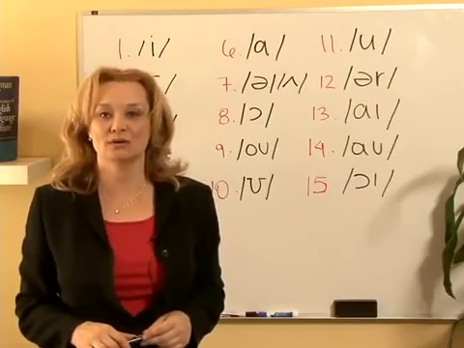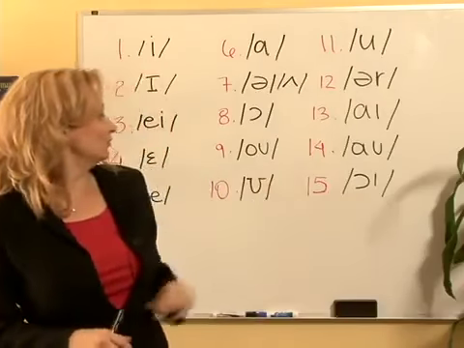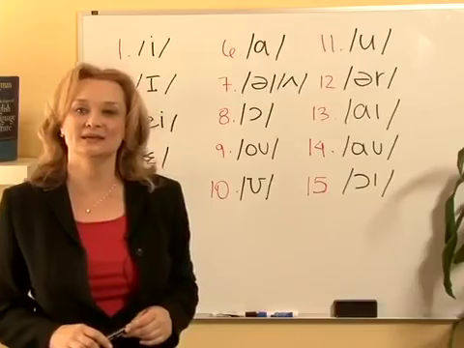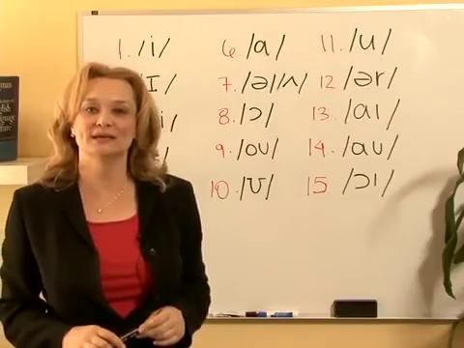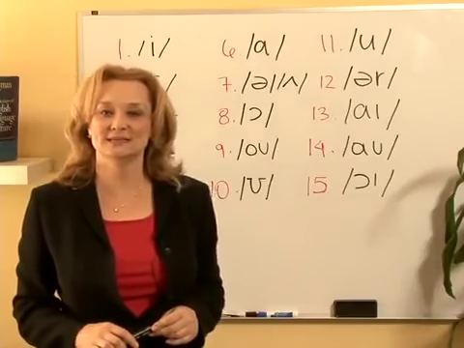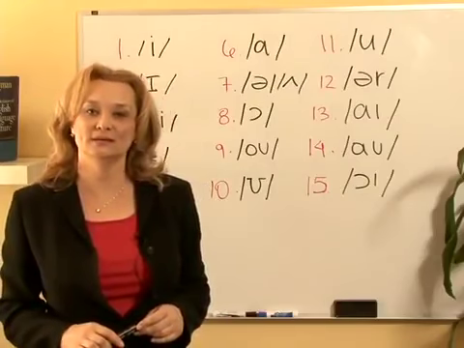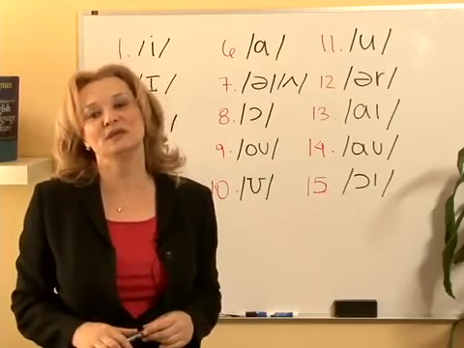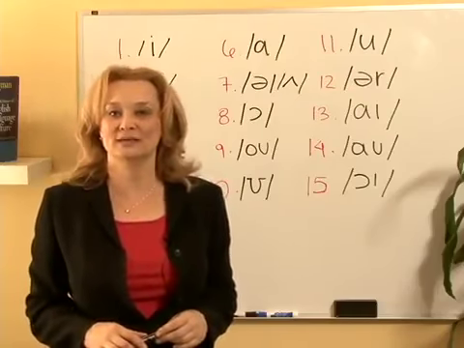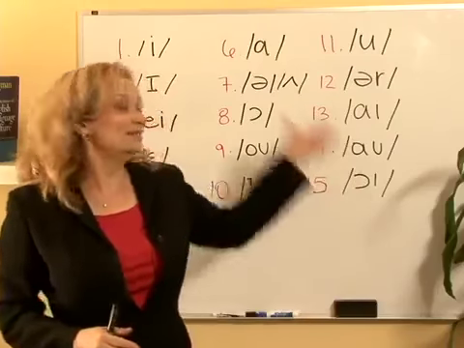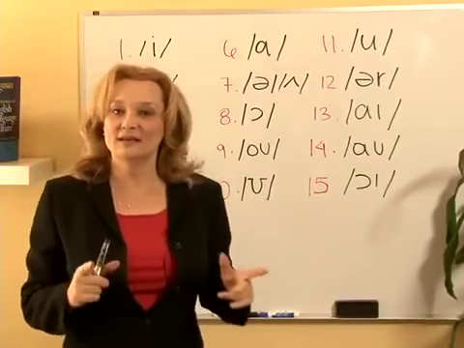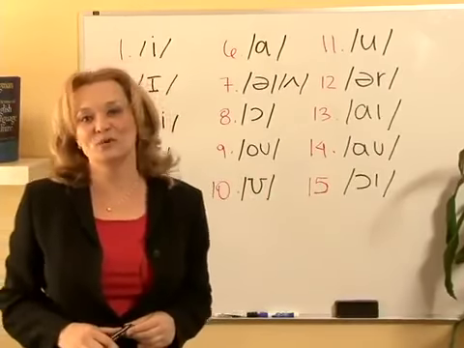And finally, vowel number 15, oi, as in enjoy, noise, boy, annoying. Say it with me. So these are the 15 vowel sounds of American English. Now let's study them in more detail.